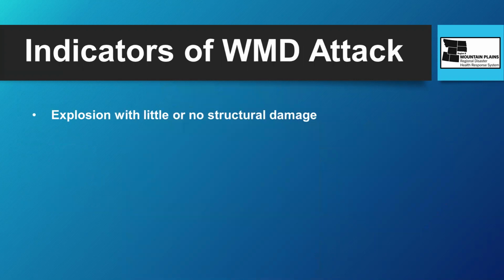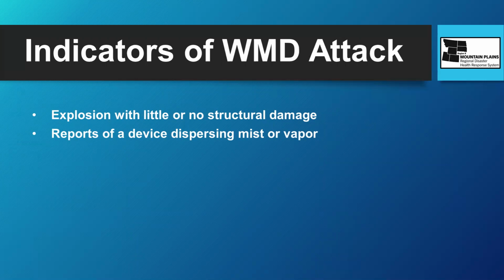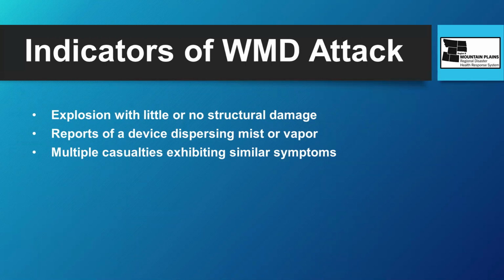So what might those things be? Well, an explosion with little or no structural damage. That would suggest that the intent of the explosion was something other than damaging a building, that perhaps it was to release a WMD agent. If there's a report that a device of some sort is dispersing a mist or a vapor, again, strongly suggestive of a chemical or biologic agent. Are there lots of casualties, all of whom are having the same symptoms, the same signs?